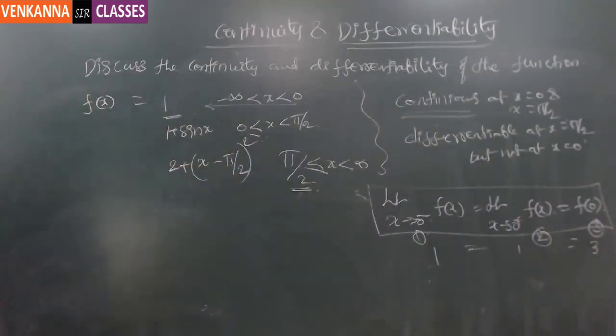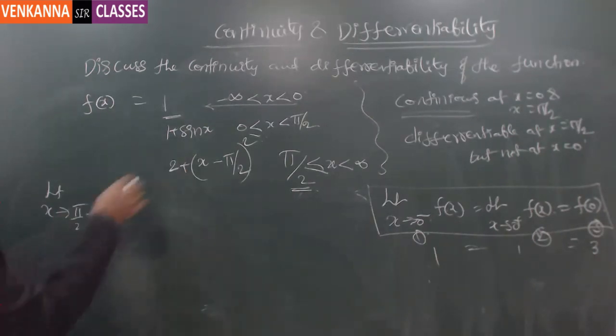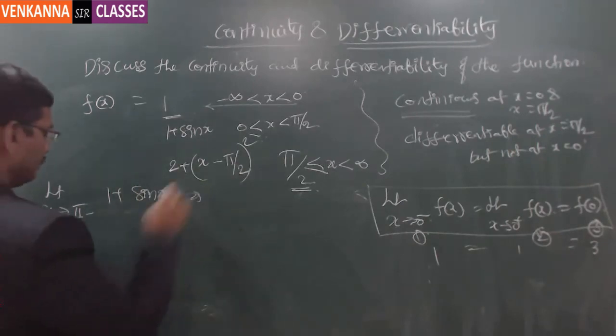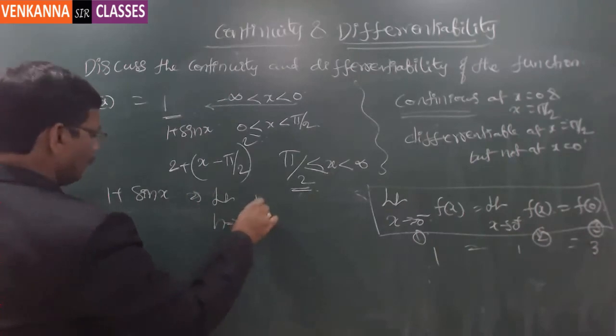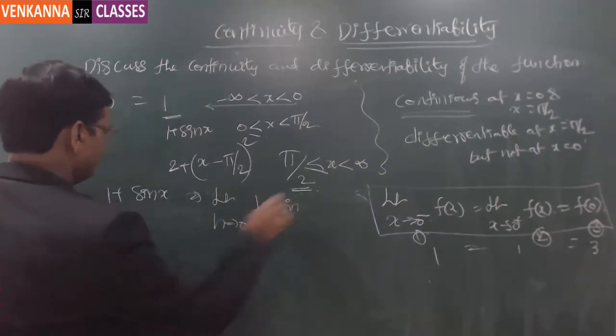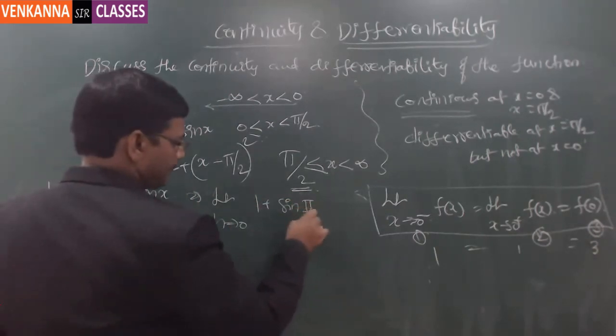So in the part 3, we have got the value is 3. And then we'll take the left limit, the limit as x tends to pi by 2 minus. The f of x value at pi by 2 minus will be this part, 1 plus sin x. So this can be written as the limit as h tends to 0 of 1 plus sin of pi by 2 minus h.